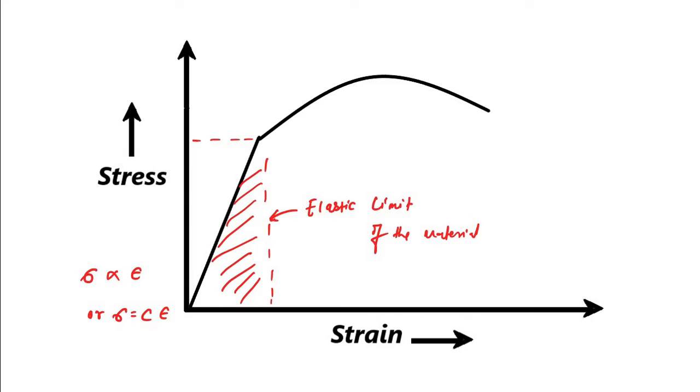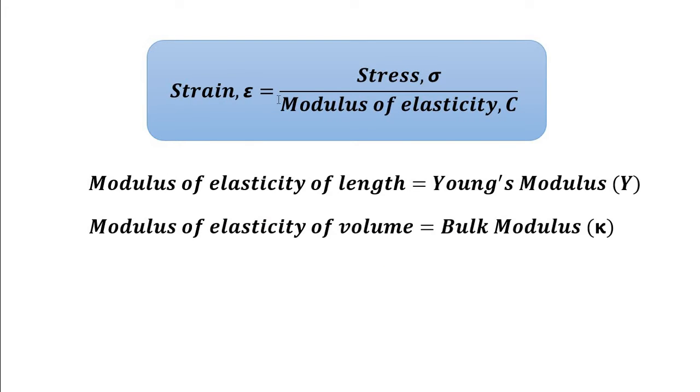So this is the stress strain relationship. Now, how can we utilize this principle and combine it with the magnetostrictive effect to measure strain? The relationship is, strain is equal to stress divided by modulus of elasticity. For this, we should know the modulus of elasticity of the material, that is Young's modulus or bulk modulus, depending on whether we are using length or volume as the measuring parameter.